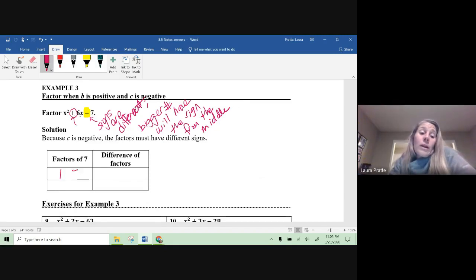Well, we only have 1 and 7, right? So we need them to subtract to get a 6. So it would have to be 7 minus 1 to get us that positive 6, right? Now, if you think about it, as I said to you, you figure out your two numbers, right? The bigger one's going to get the plus.